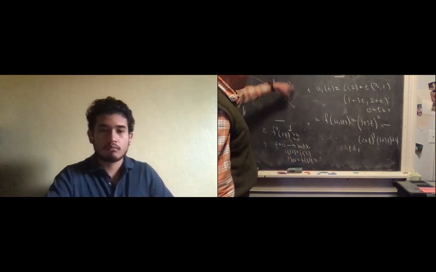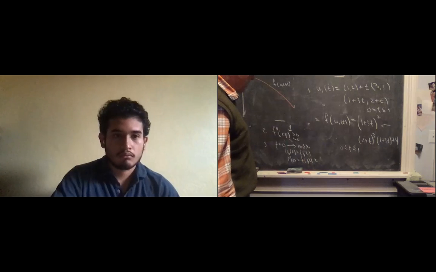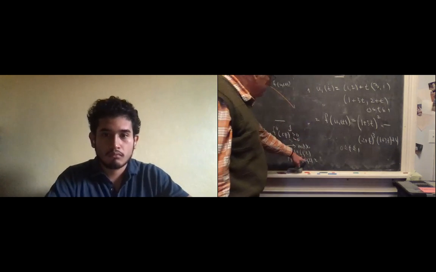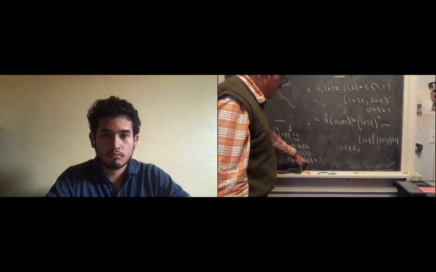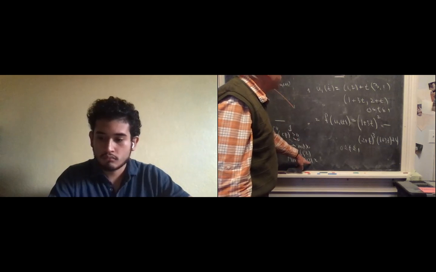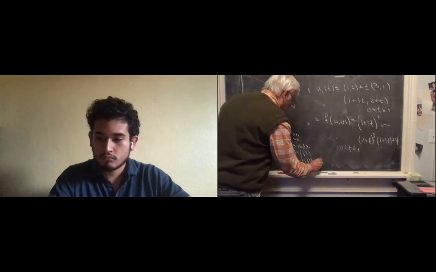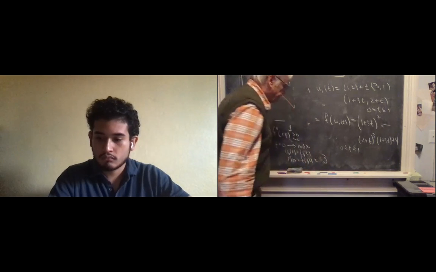It is this height right here, but we can plug into the function. x squared is 1, y cubed is 8, so that would be 1 minus 8 is minus 7, plus 4 is minus 3, so the maximum is minus 3.